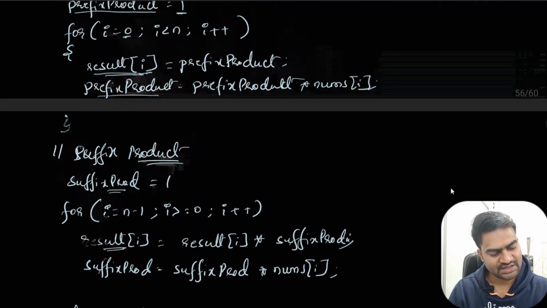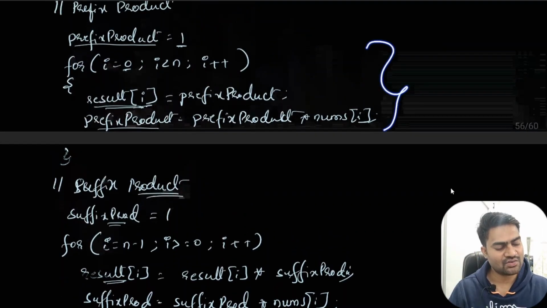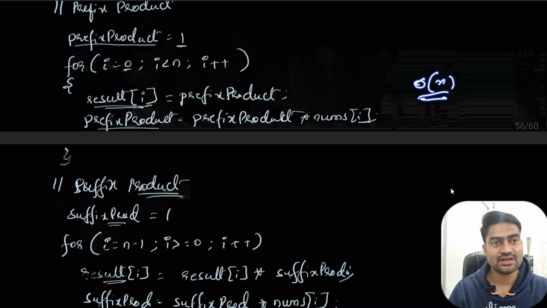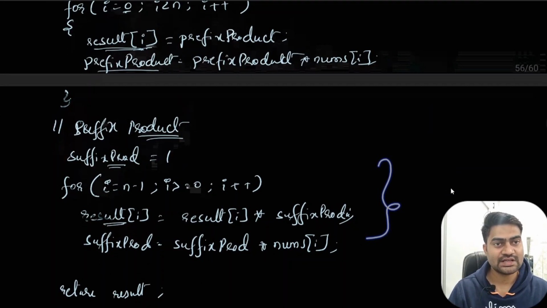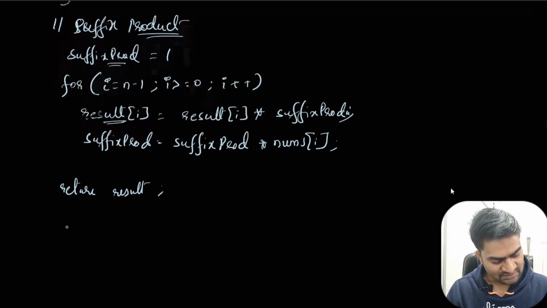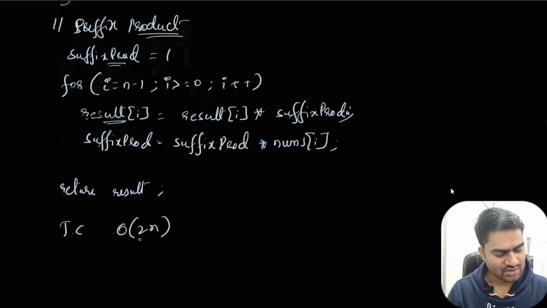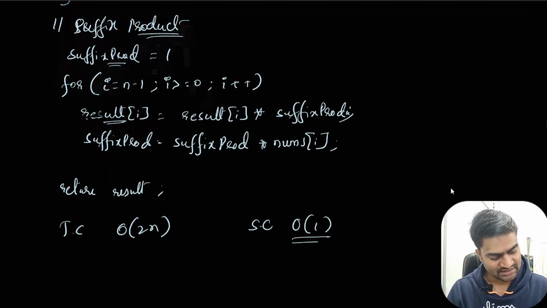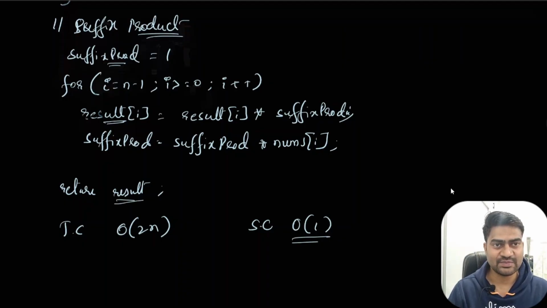Now if you see, we use this iteration, this O of n, to compute the prefix product, and again this to finally multiply the suffix product and place the number at the right place. So our time complexity will be of order O of 2n, and our space complexity is of order O of 1, because this result array will be treated as an in place array. So in this particular example, that's why it is of order O of 1.